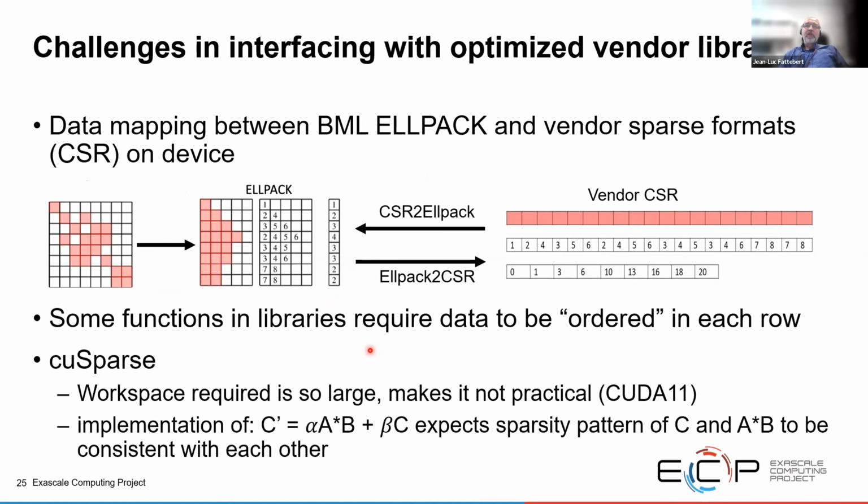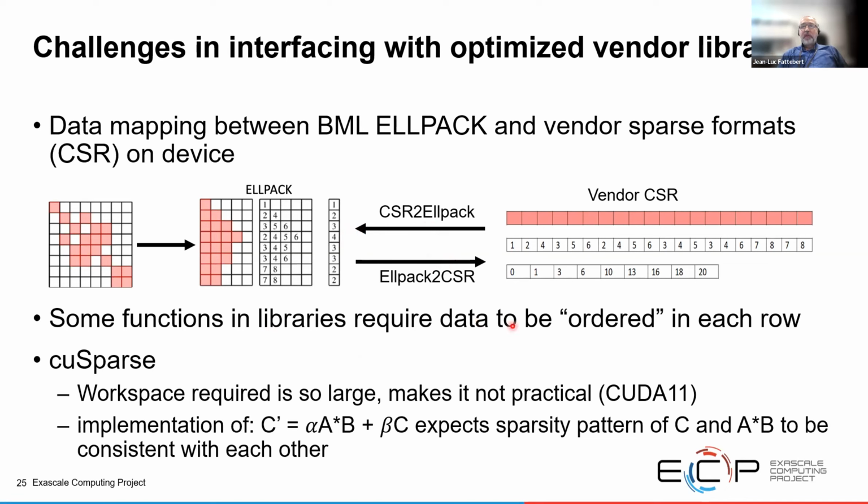So as I mentioned, we're using the ELLPACK format within our libraries, and it's not the same format used by all the vendors. Typically, vendors use a true CSR, where each row is stored right after the previous one. And so we end up using functions to convert from one data format to another.